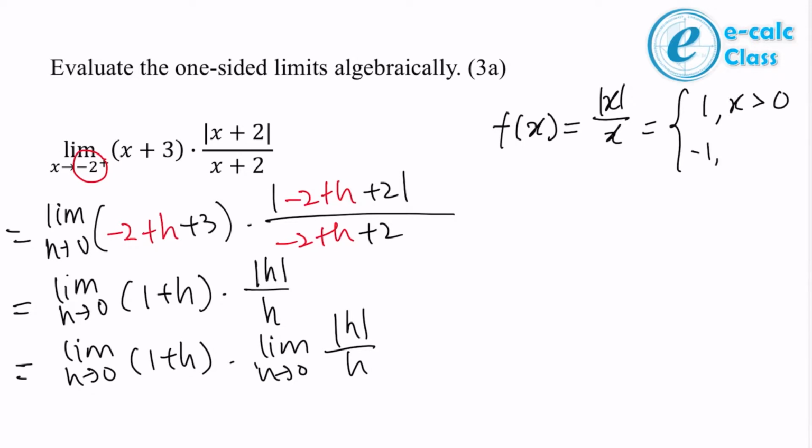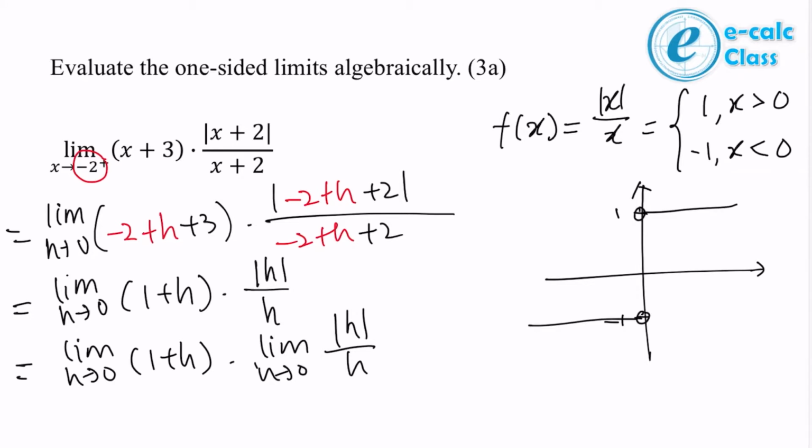It is negative 1 when your x is smaller than 0. When your x is equal to 0, it is actually undefined because it is 0 over 0 and it is indeterminate. So the graph is actually something like this. 1, negative 1, then a hole, something like this.